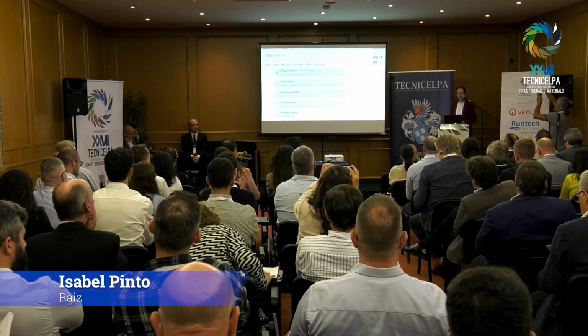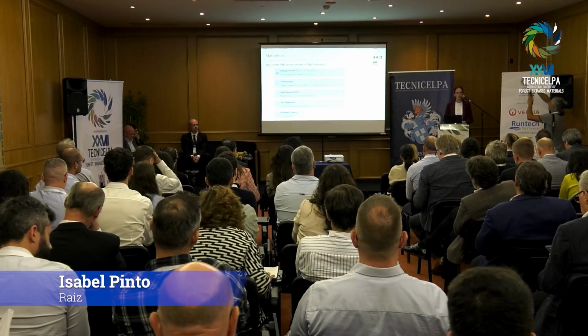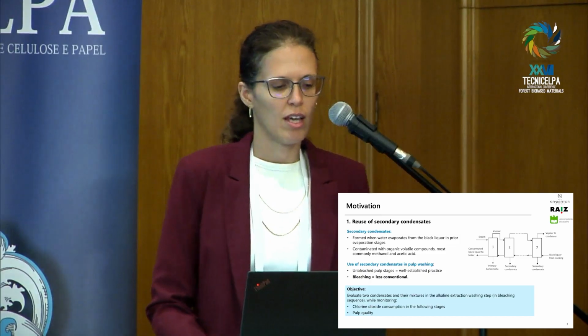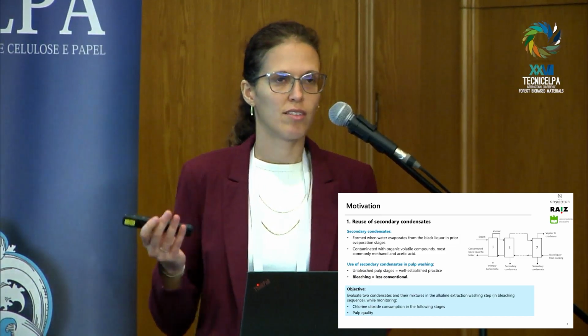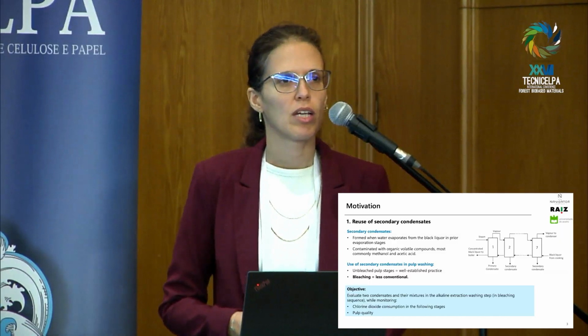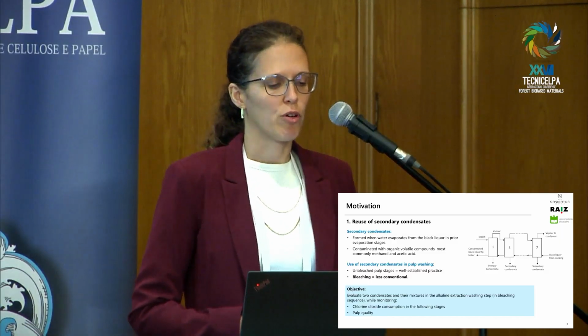And today I'm going to present 2 cases of laboratory work that try to assess the impacts of reusing streams in the pulp and paper industry. So the first one is the reuse of secondary condensates. The water evaporates from the black liquor in the pulp mill and forms these condensates.